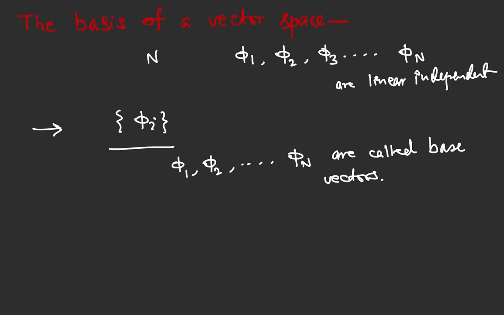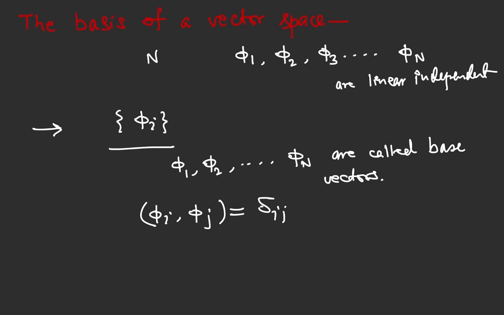Although the set of these linearly independent vectors is arbitrary, it is convenient to choose them orthonormal, that is, their scalar product satisfies the relation phi_i with phi_j equals delta ij.